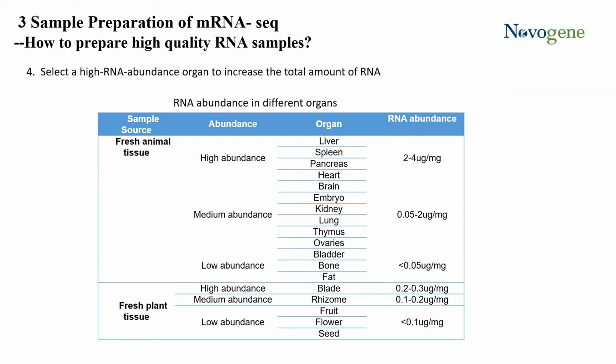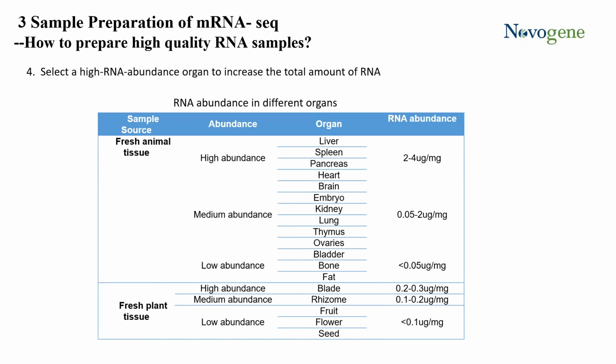For fresh animal tissue, liver, spleen, or pancreas will be high in RNA abundance, whereas bone or fat tissues are very low in RNA. In the case of plant tissue, if you want an easy way to get the RNA, go for blade to get a good amount of RNA. Seed and flower will be very low in RNA.